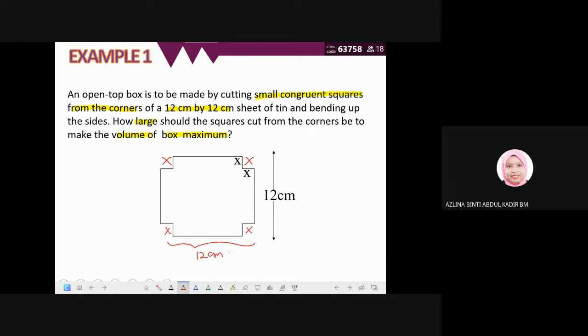Tapi tak tahu berapa cm yang patut kita cut so that the volume of the box is maximum. Right? So apa yang awak perlu fikir, kita boleh form equation lah. Right? So equation apa? Dia cerita pasal volume. So boleh kita form satu equation volume. Alright. Itu yang awak kena fikir.